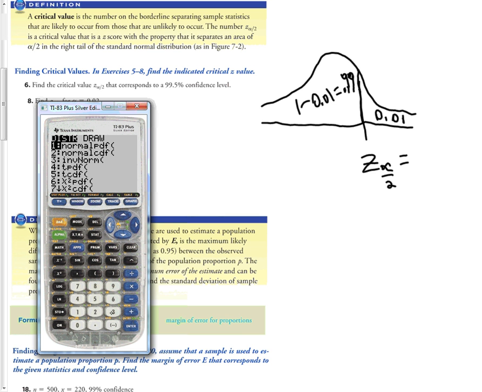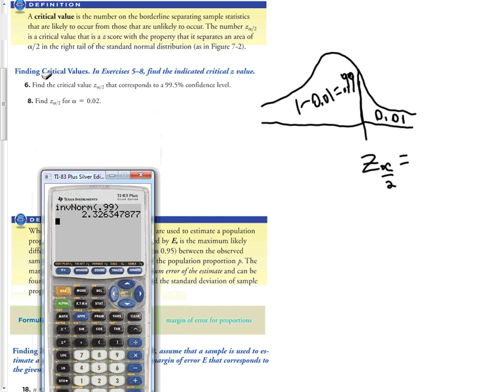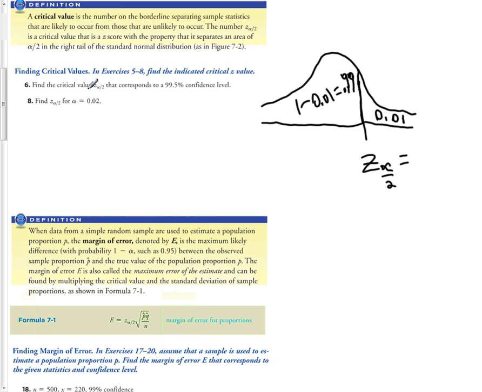We need inverse norm, which is number 3, and then we type in the area to the left, which is 0.99, close the parenthesis, and enter. And this is going to be the critical z value for number 8. So for number 8, the z of alpha over 2 is equal to 2.33.